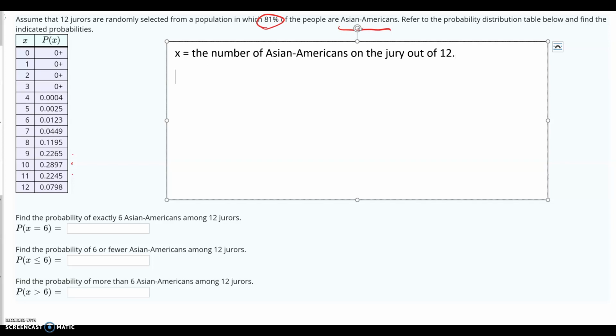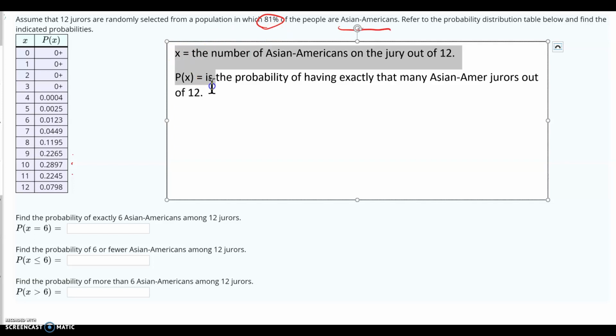All right, P of X is the probability of having exactly that many Asian American jurors out of 12.